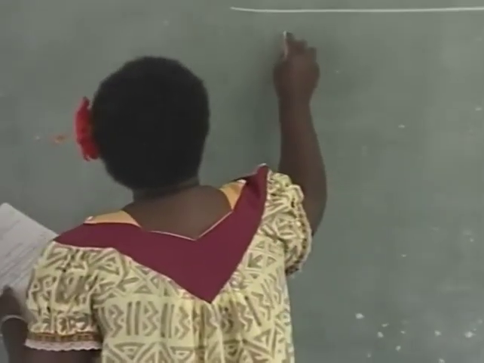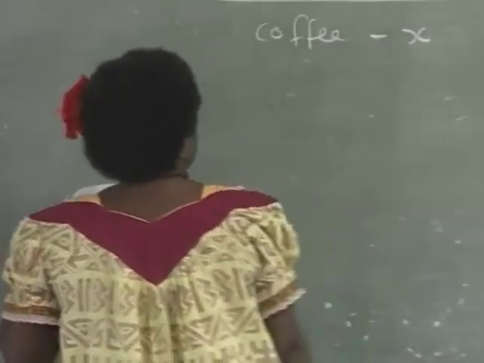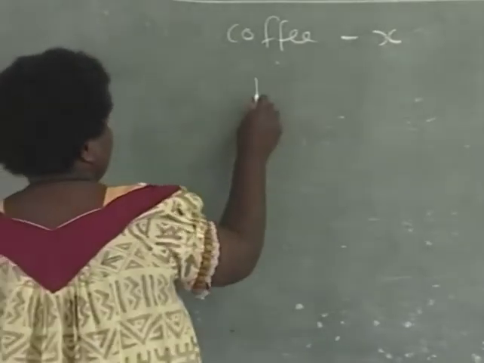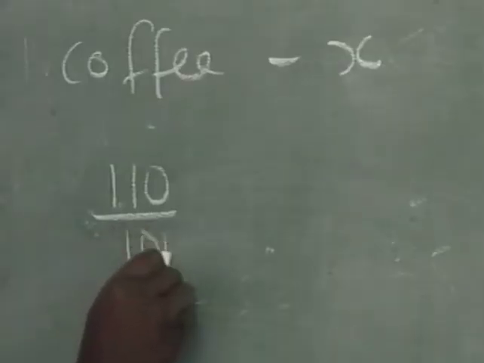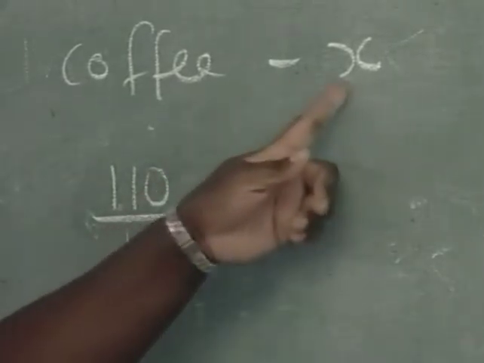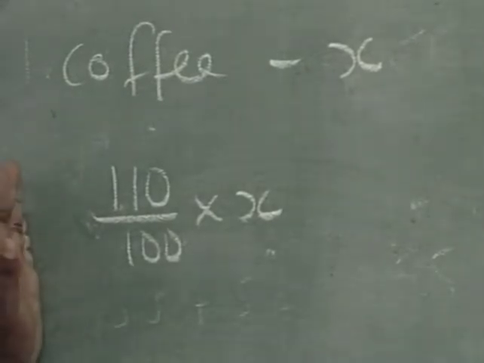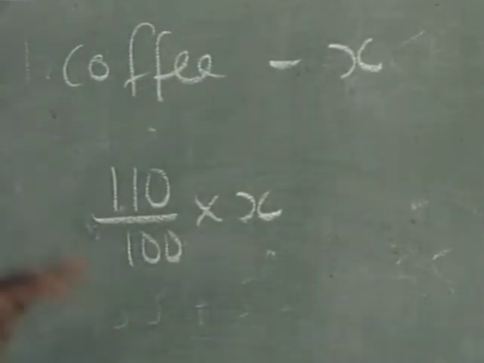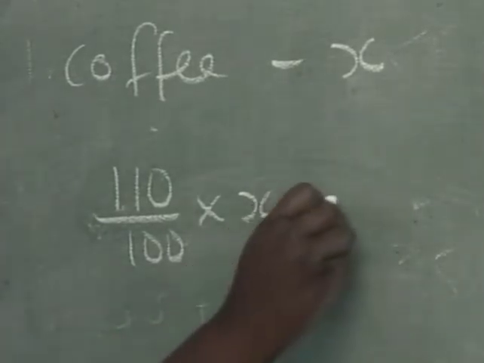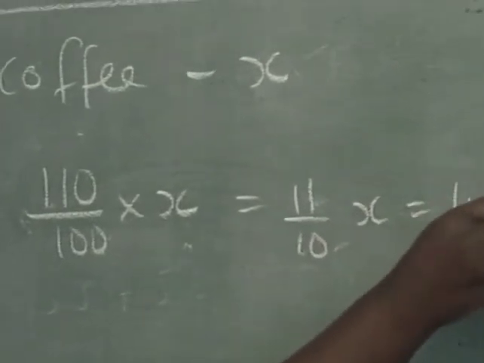Okay, if the price of coffee is X, if it is increased by 10%, it will be 110% of X. You find 10% of X, but then you have to add that to X. And when you do 10% of X plus X, that gives you 110% of X, which is 11 on 10x, which is actually 1.1x.